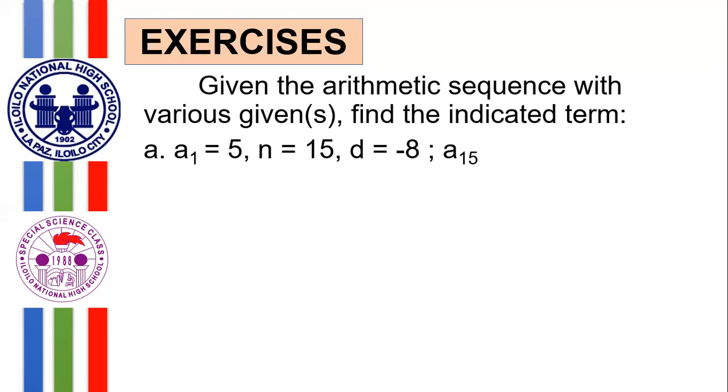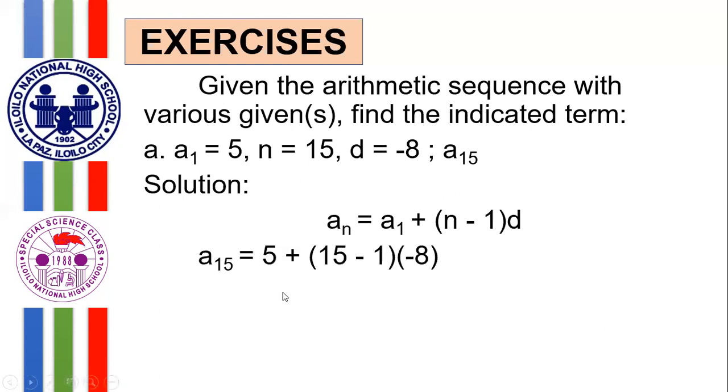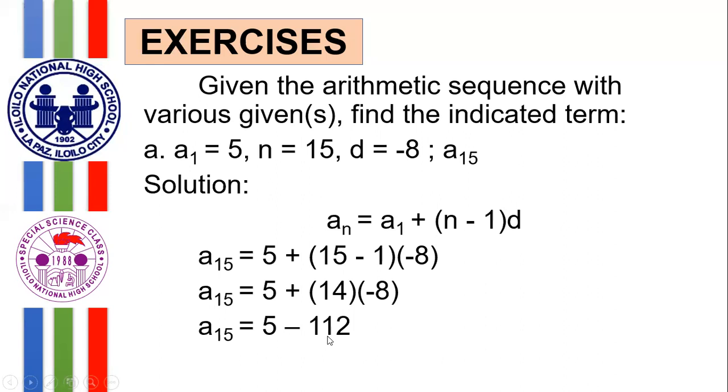For letter A, the first term A sub 1 is 5, n equals 15, d equals -8. We're looking for A sub 15. Since all of these variables are given, we can just perform direct substitution and simplify. By using this explicit formula again, we have A sub 15 is equal to 5 plus 15 minus 1 times -8. 15 minus 1 is 14, so we have 14 times -8, which is -112.